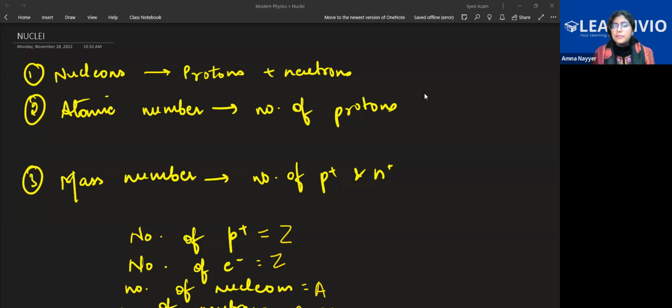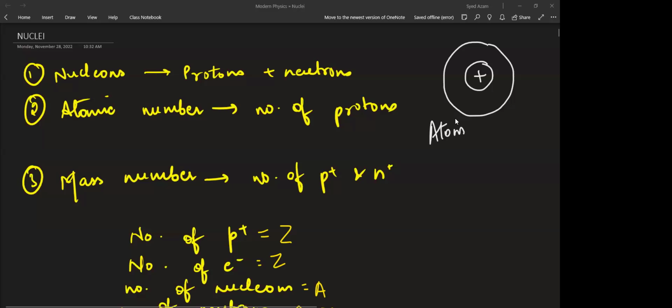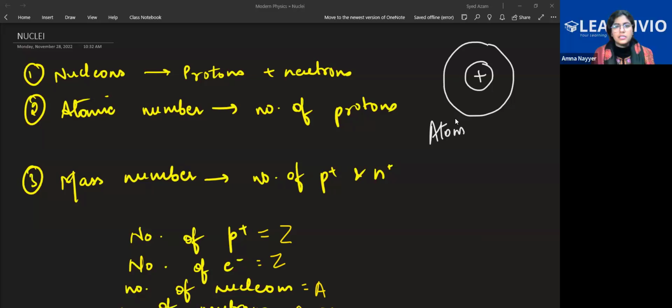In the previous chapter we were talking about the complete structure of an atom. This was the complete structure of an atom. When Rutherford's postulates were present, we discussed that there is a central part within the atom which is known as the nucleus.